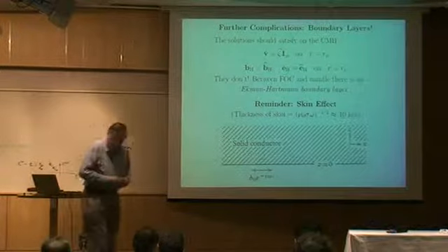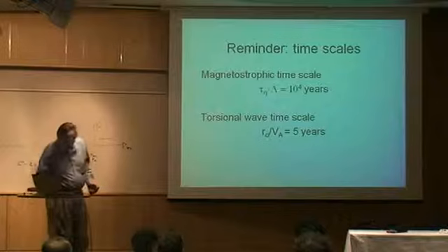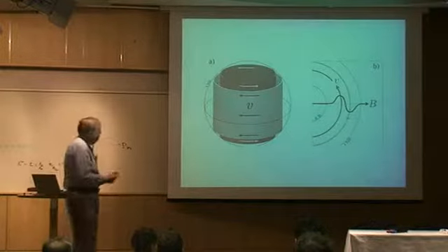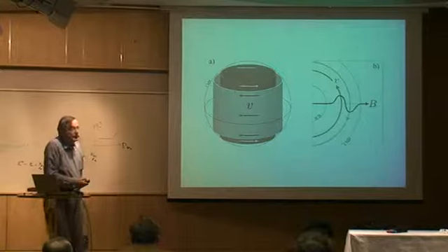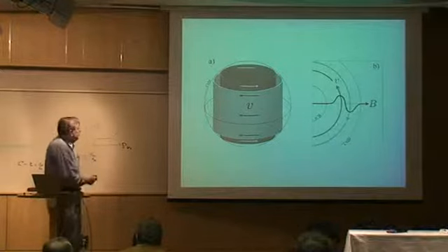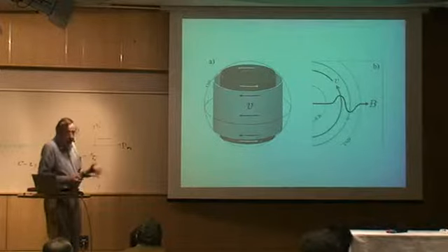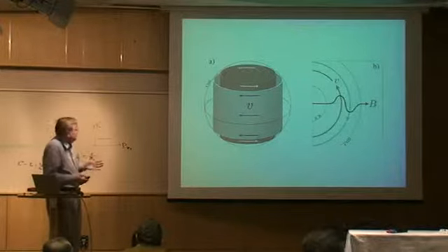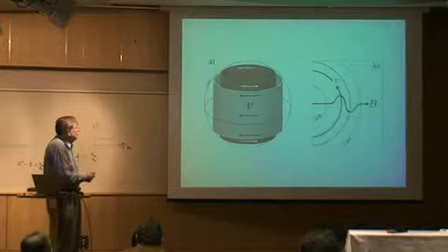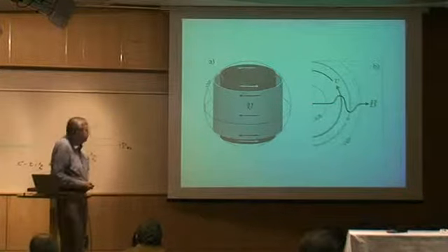Okay, so now we've got some further complications I should try to explain here. Let me just go back a minute to this equation. This is torsion away, but it doesn't satisfy the right boundary conditions. You should satisfy here no slip condition. For a solar application it wouldn't be no slip, of course, it would be probably zero stress or something. And here you also have to satisfy magnetic boundary conditions, and they're not satisfied.